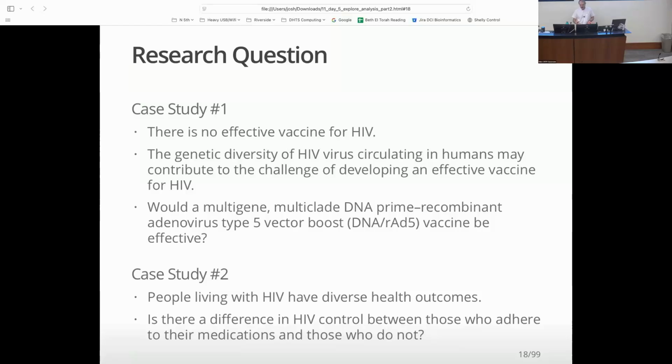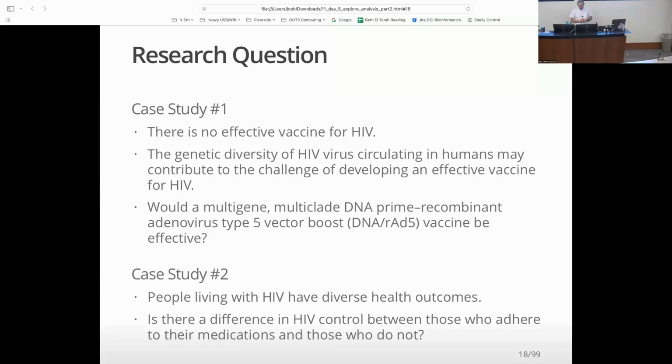Our understanding about why different vaccines that have been tried haven't been effective has gone into this second observation. So based on this observation, we have a research question, which is, would a multi-gene, multi-clade DNA prime recombinant adenovirus type 5 vector boost vaccine be effective? Again, be effective as a vaccine.